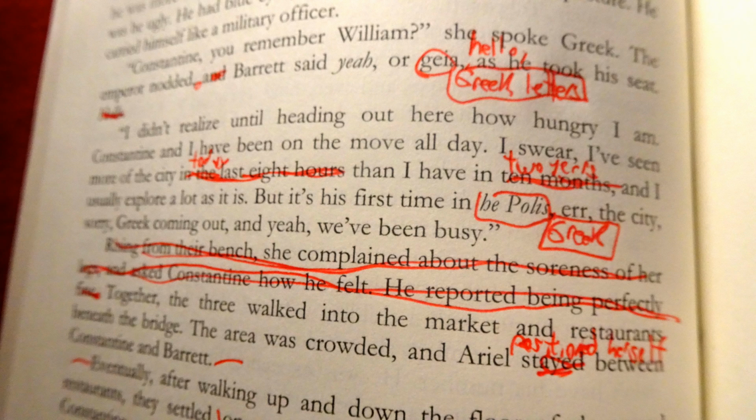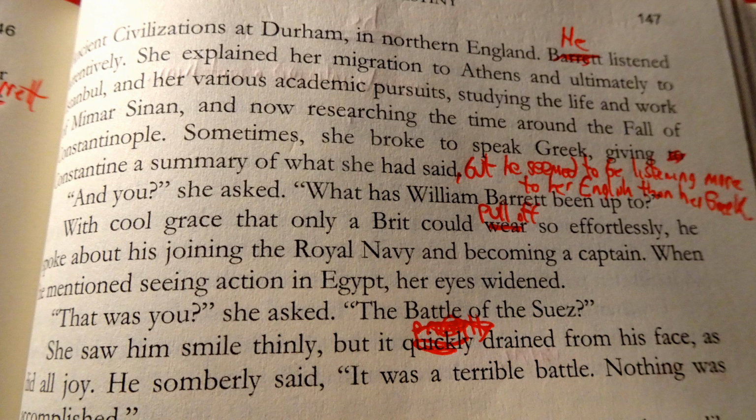So it's just kind of a cool detail I worked in, and I don't know if this is foreshadowing or whatever, but this is the early part of the book, page 147. Anyway, right here, these characters are speaking English, and originally Constantine was just kind of there in the middle, and he wasn't doing anything, because he doesn't speak English.